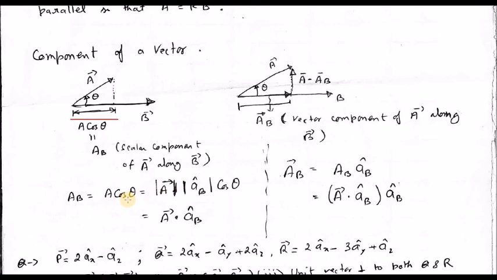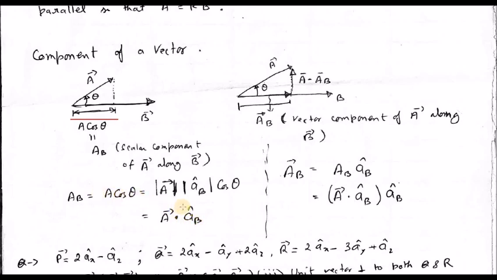And we can also write this as mod of a multiplied by mod of the unit vector along b, which is denoted by b cap, multiplied by cos theta, because the magnitude of the unit vector is 1. And this a times unit vector b cos theta is nothing but a dot b cap. So the component of a along b is a dot b cap.